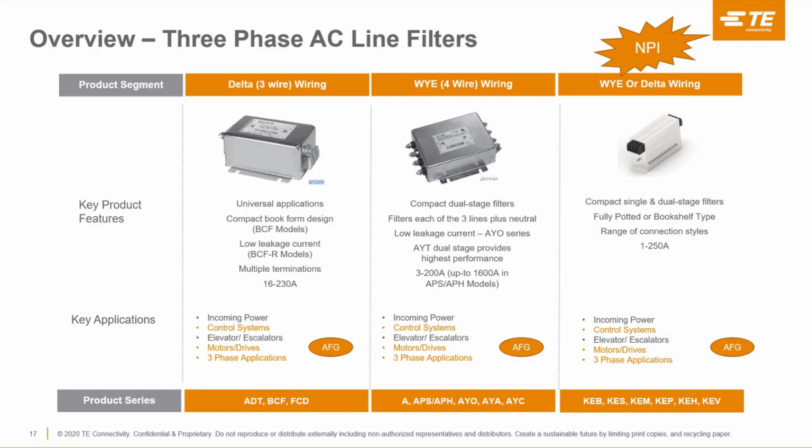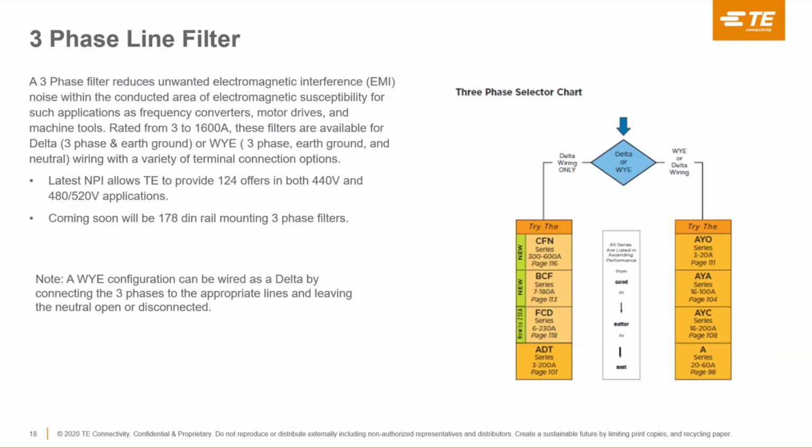We came out with 248 part numbers, both Y or Delta wirings. These products are fully potted, bookshelf type, compact, single and dual stage filters, with a whole range of connection styles: terminal blocks, ring and nut, fast on tabs, 1 to 250 amps. Again, for incoming power, control systems, motors and drives, and 3-phase applications.